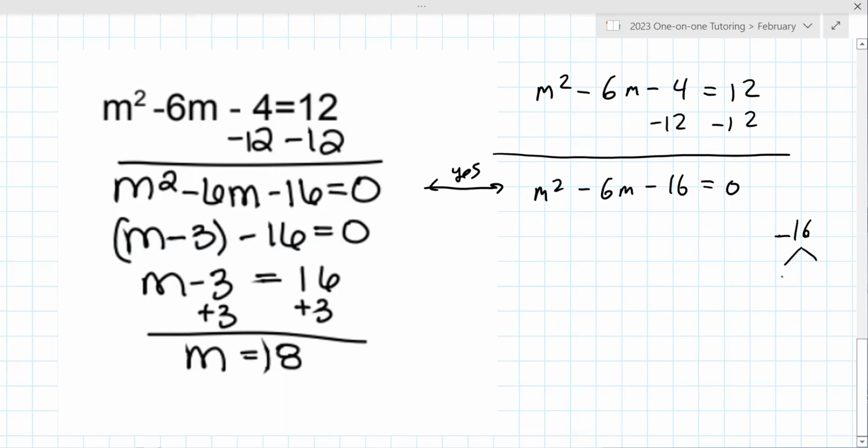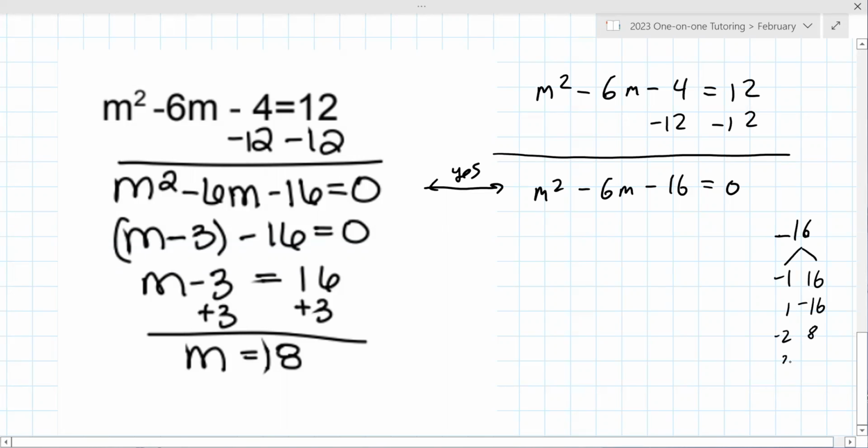And it's kind of the same situation: -1 and 16, 1 and -16, -2 and 8, 2 and -8, 4 and -4. Do any of these add up to -6? I think it's 2 and -8. Yes. So we now factor the same way we did in the previous problem. We're going to write m plus 2, m minus 8.